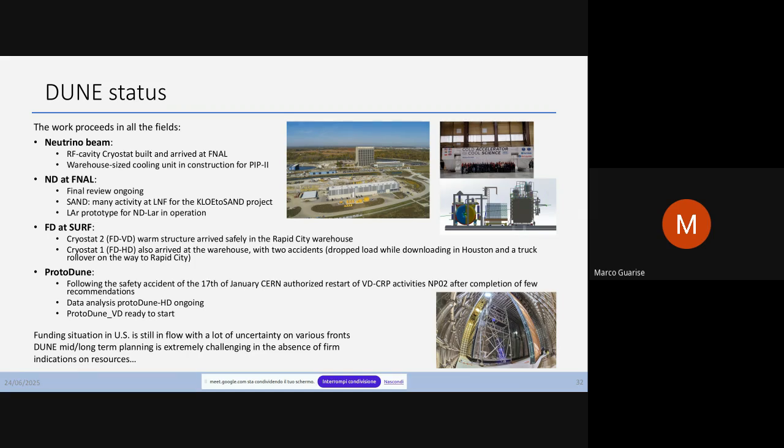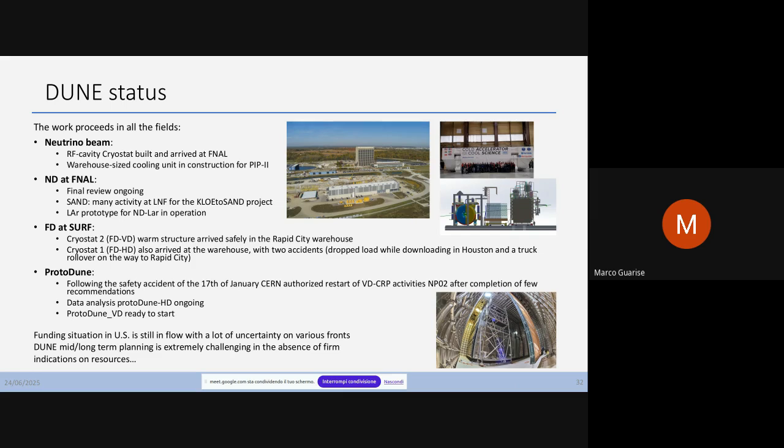Hopefully nothing too bad happened, but we will see when we mount it in the cavern. And the building of the two cryostats will probably start in 2026, so next year.